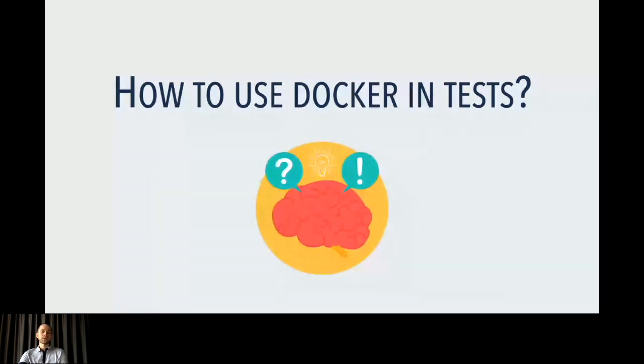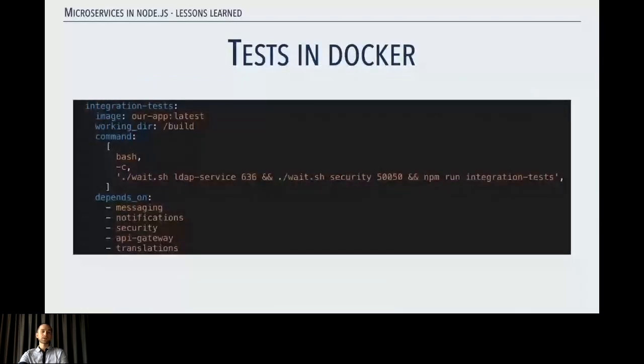Actually, to start using integration tests in Docker, we need to define in Docker Compose another kind of service which executes those tests. And this is quite important: before we execute our tests, we need to check if the whole infrastructure is up and running.